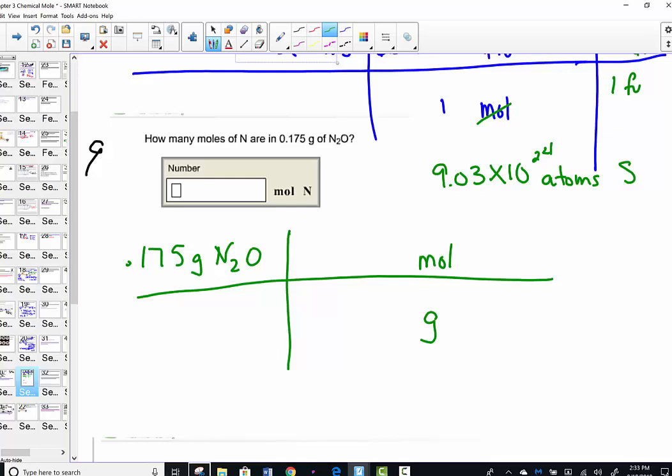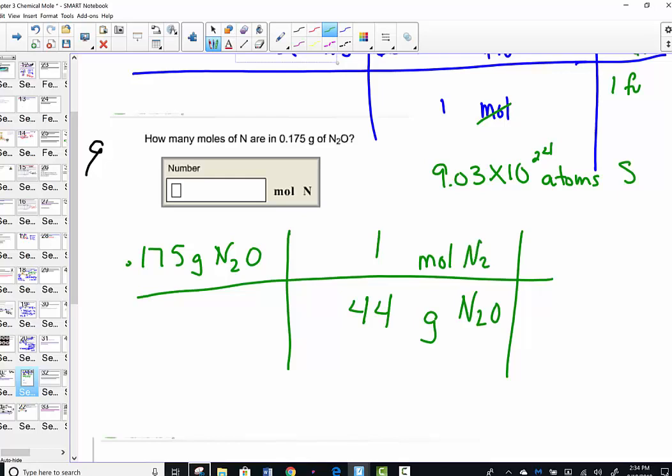And when you head in from the scale into the mole, you literally trip over your conversion. It says place 1 mole over the molar mass of your compound. That's our first conversion. I've got to add 2 N's at 14 apiece to 16 from the oxygen, and I get a molar mass of 44.